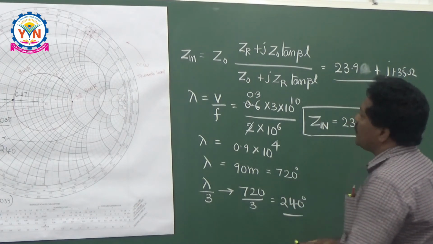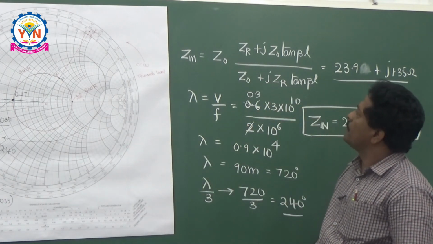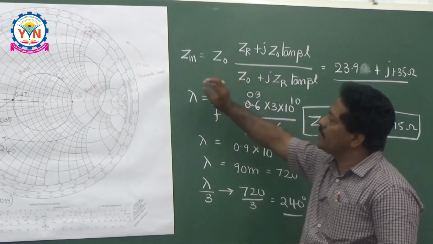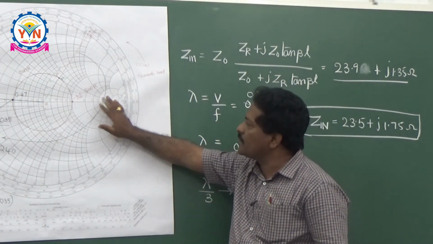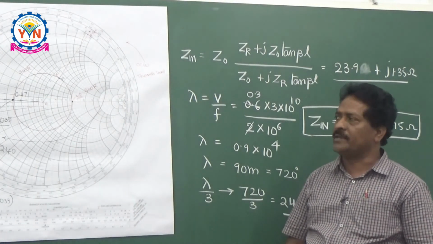So what I mean to say is, once you get practice on this Smith chart, instead of going for complex calculations, we can get the same results using the Smith chart within no time. The only thing is you have to understand what exactly the Smith chart is.